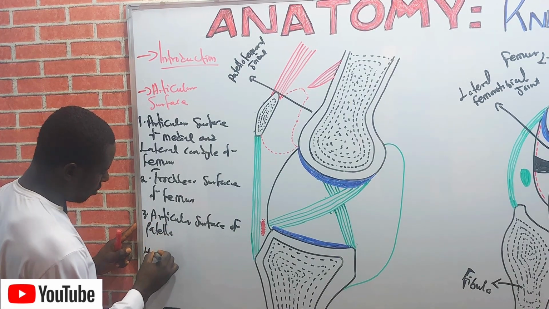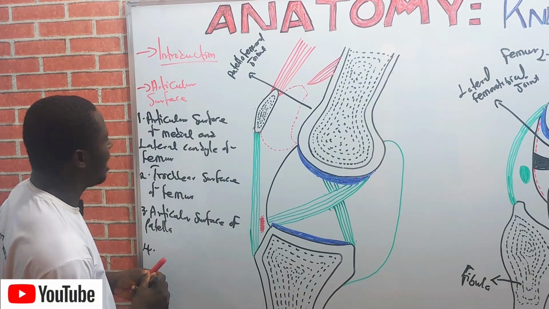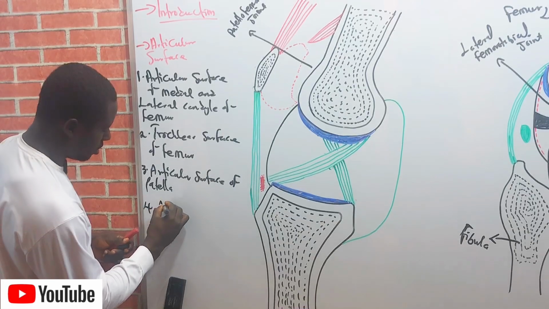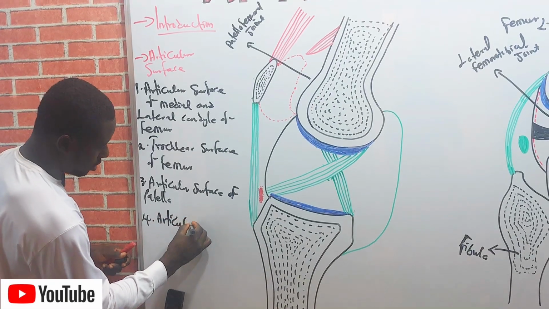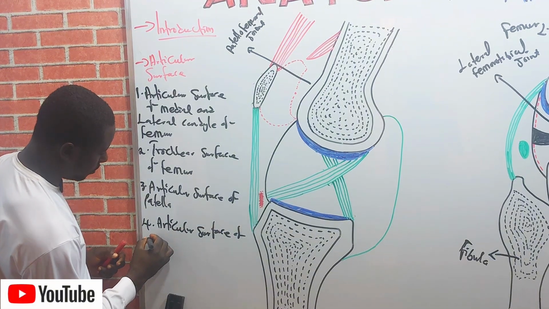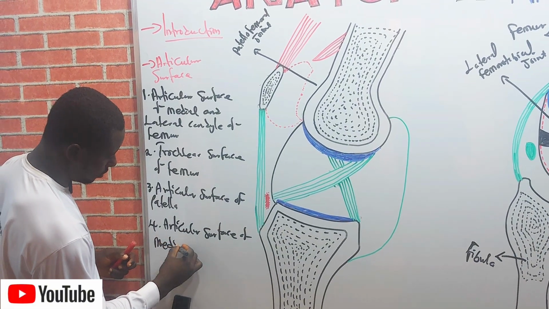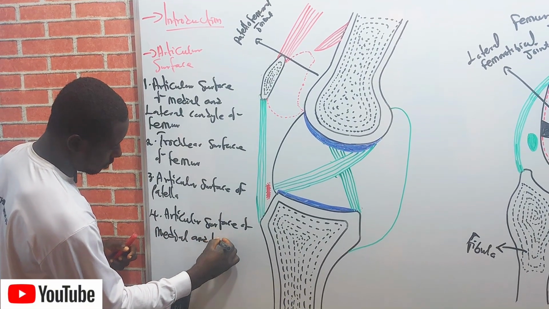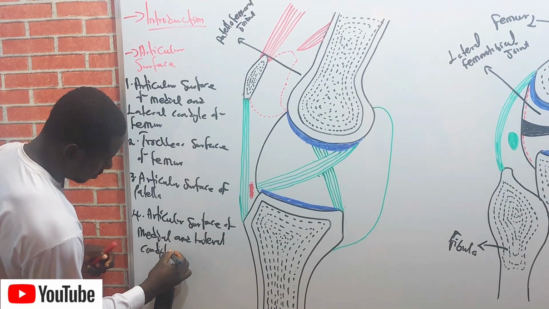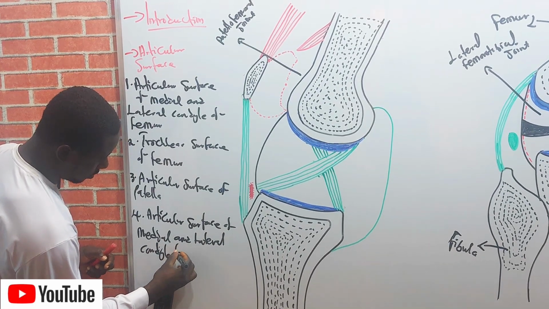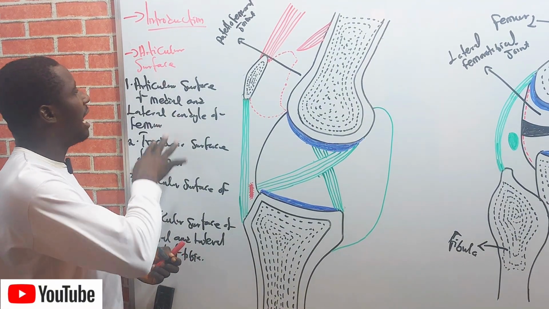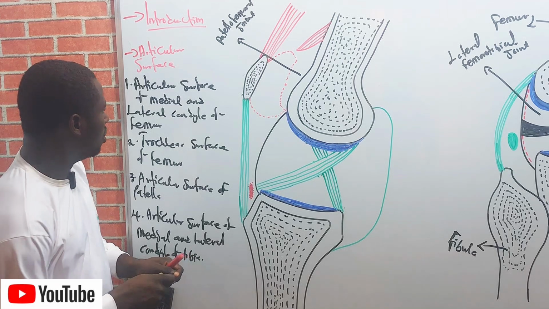The number four is the articular surface of the medial and lateral condyle of tibia. Now, these are the articular surfaces of the knee joint.